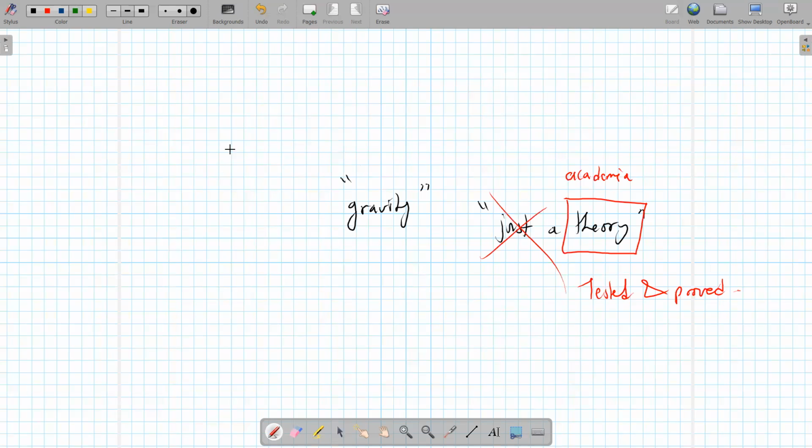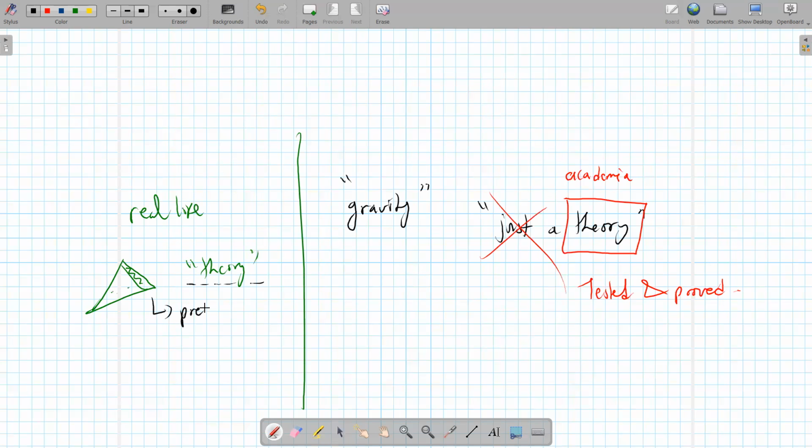But on the other hand, in real life, when the last piece of the pizza goes missing, you're sitting there like, oh, I have a theory about who had it. This is technically not a theory. This is just a presumption, or the technical term would be a hypothesis.